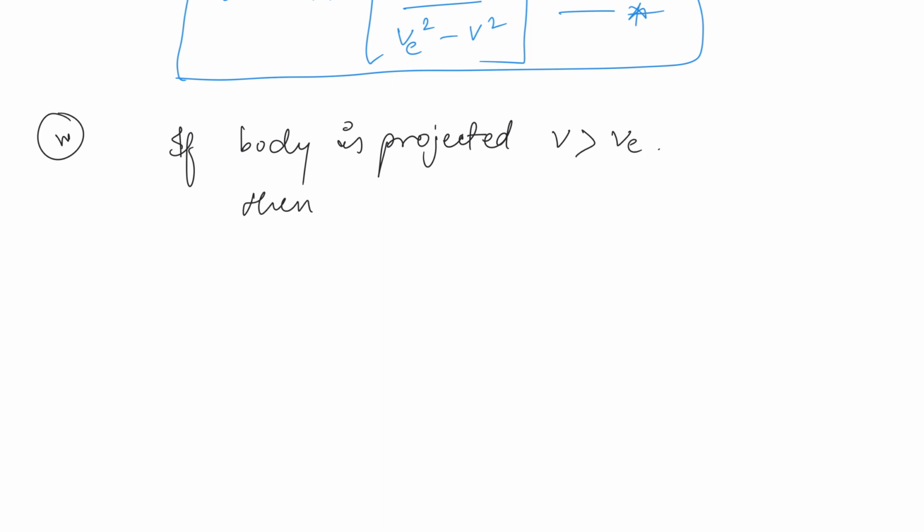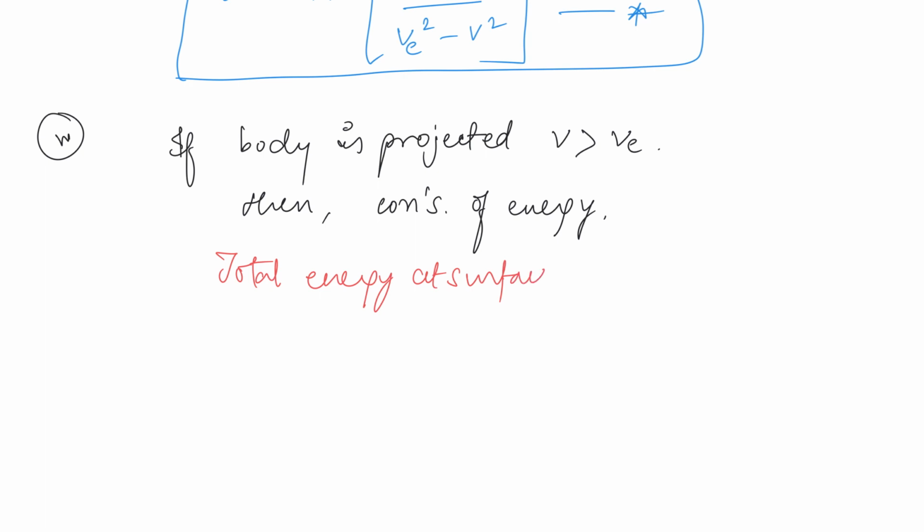Then applying the conservation of energy, writing the same as total energy at the surface equals total energy at infinity, because this time the body will leave the gravitational region of the planet.